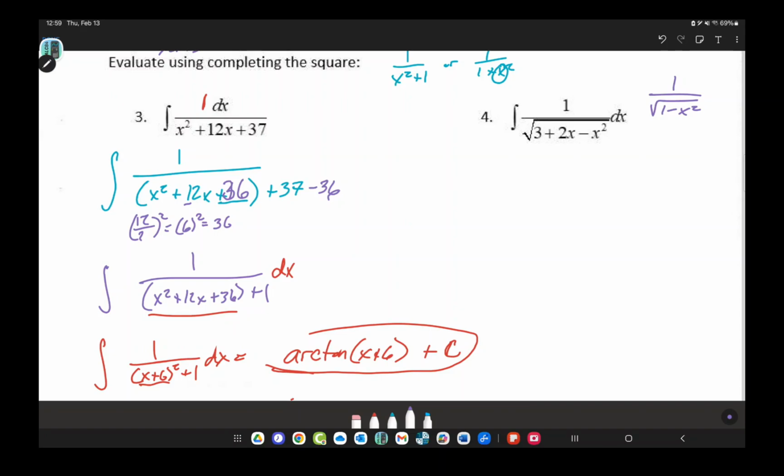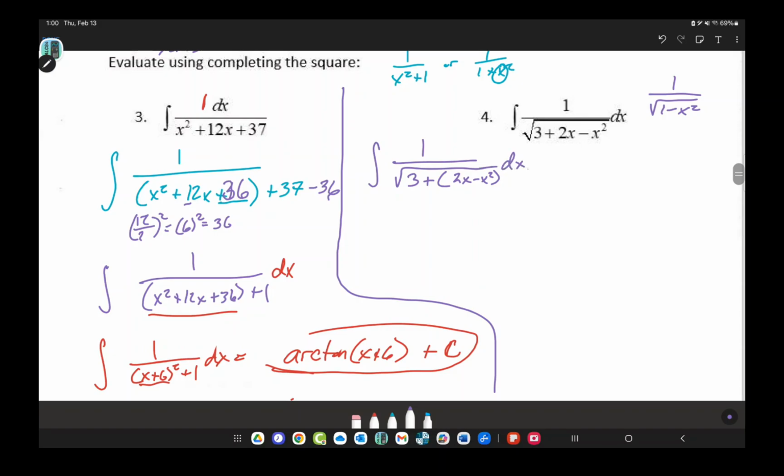So we're going to write this as the integral of 1 over the square root of 3 plus 2x minus x squared dx, which we want to write as the integral of 1 over the square root of 3 minus (x squared minus 2x) dx.